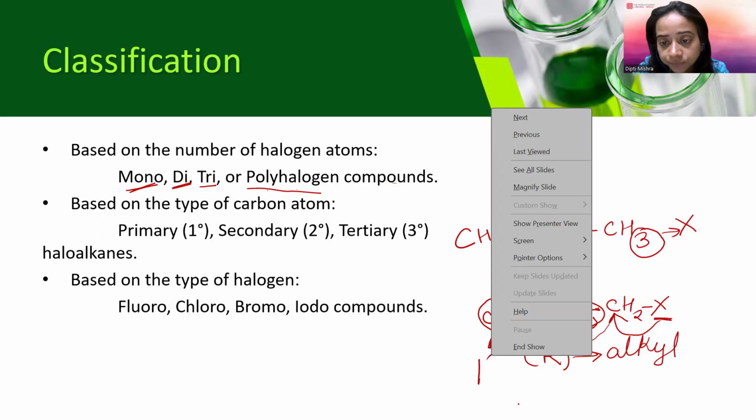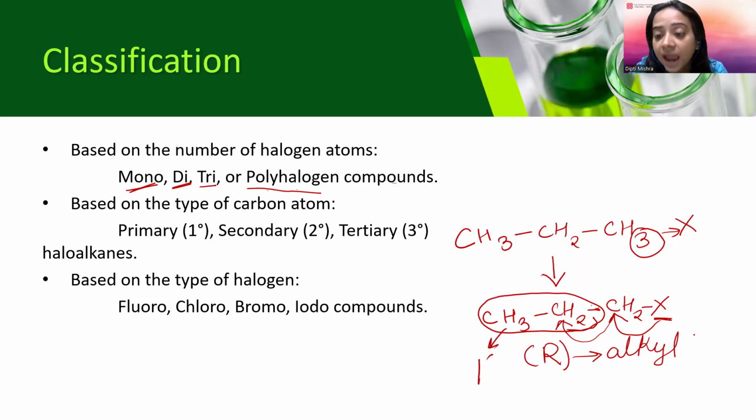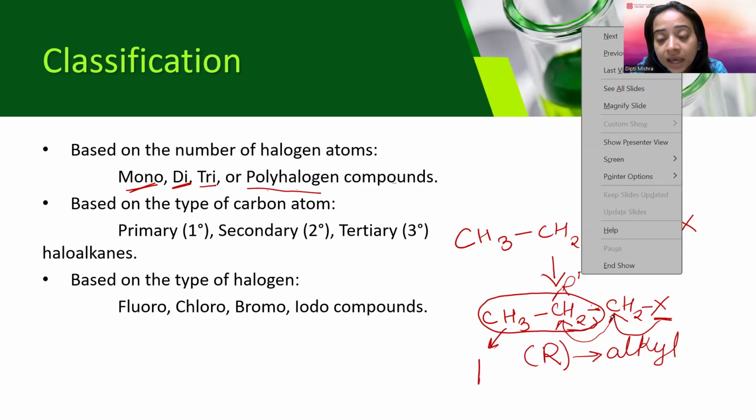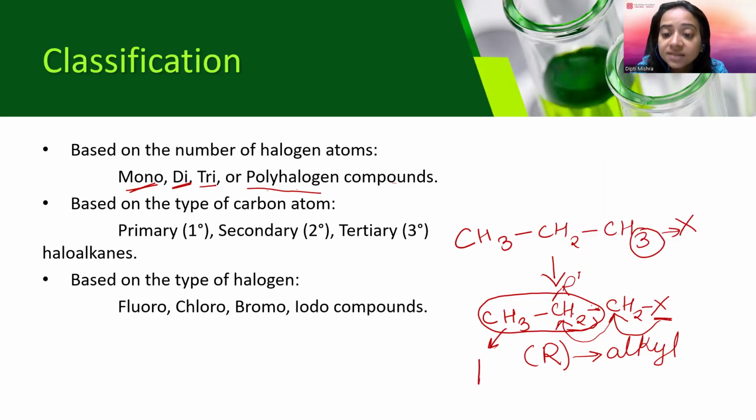In the same case, if this X is attached to this carbon atom, where two hydrogens are there, we replace one more hydrogen atom and add another alkyl group. So the carbon is attached to this X, and then it is attached to another alkyl group.